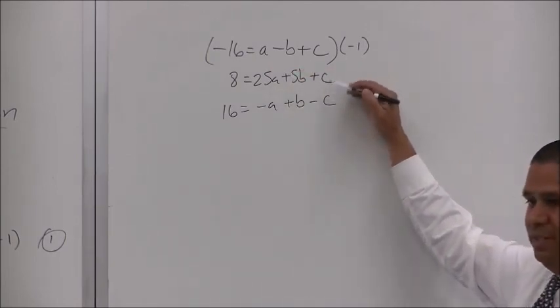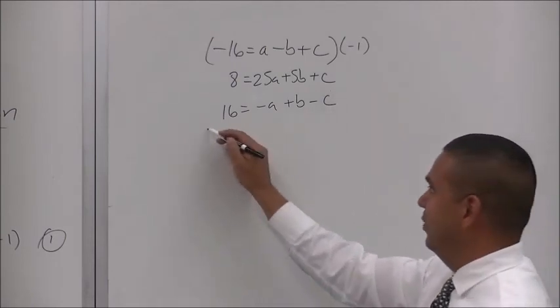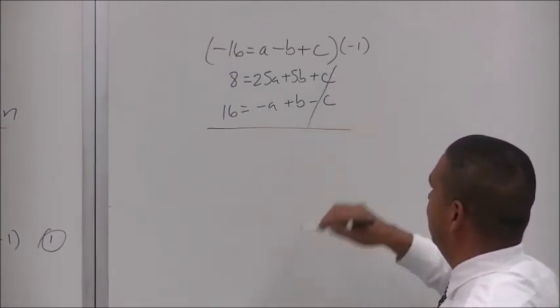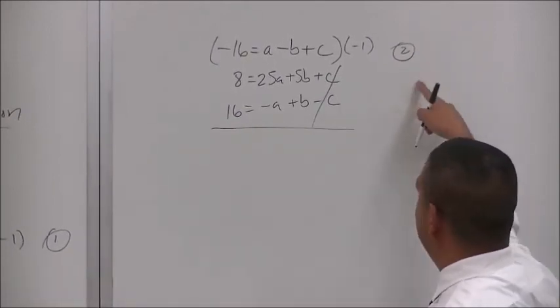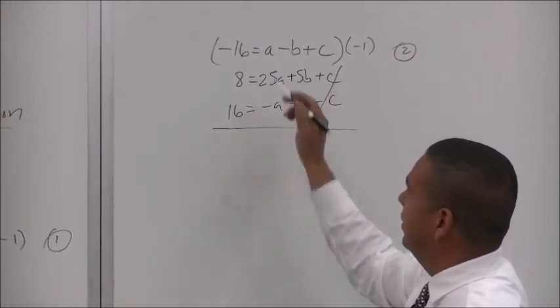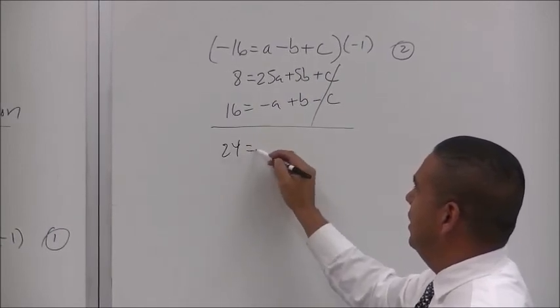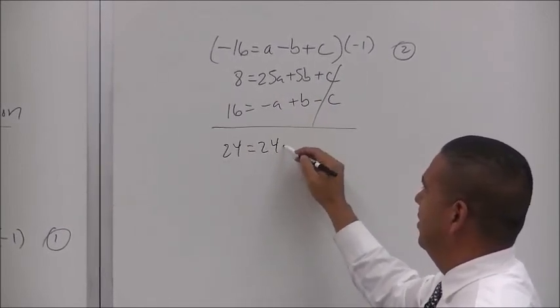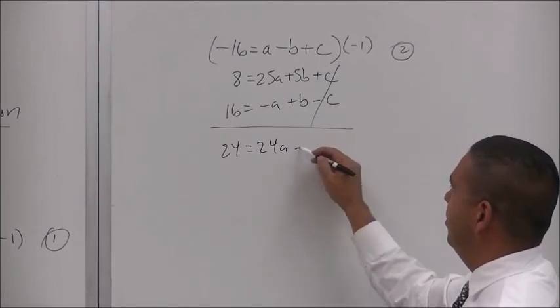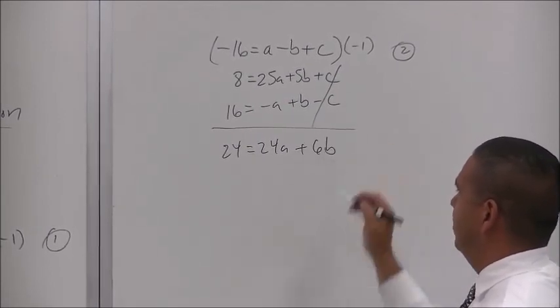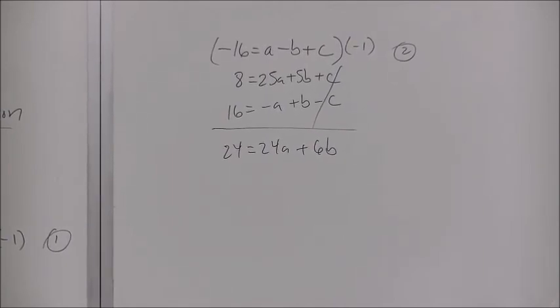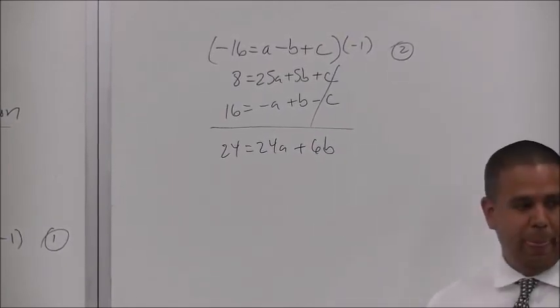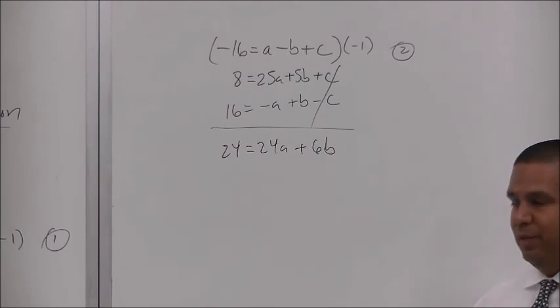And look what happened to the c's. Those are going to cancel again to 0. This is our second round, right? So the second time, add these up. 24 equals 24a plus 6b. Whew. Is that too fast? That's good? All right, good.